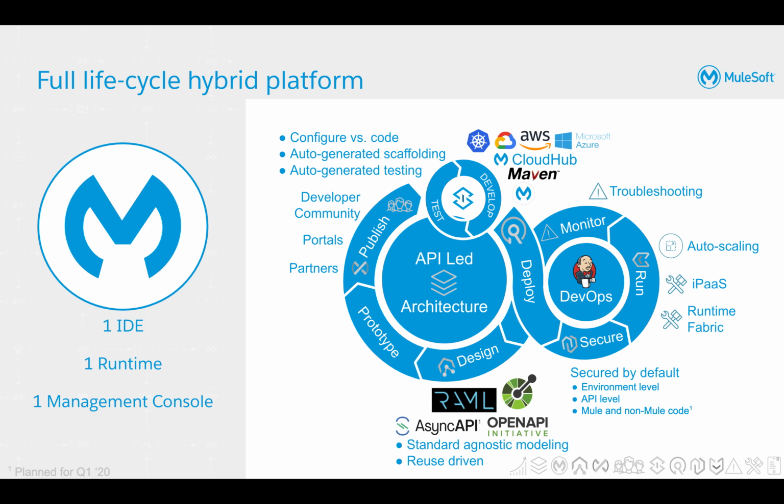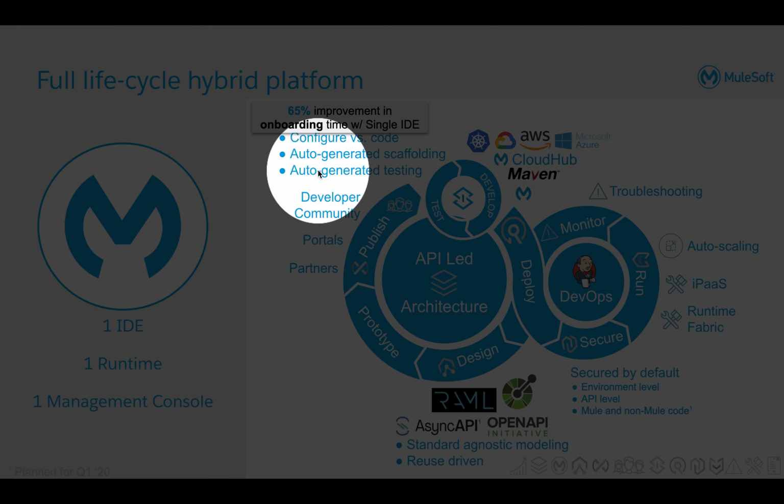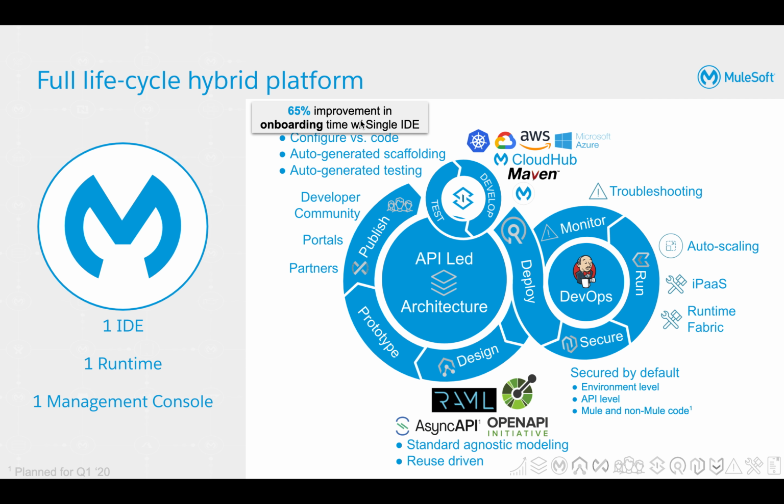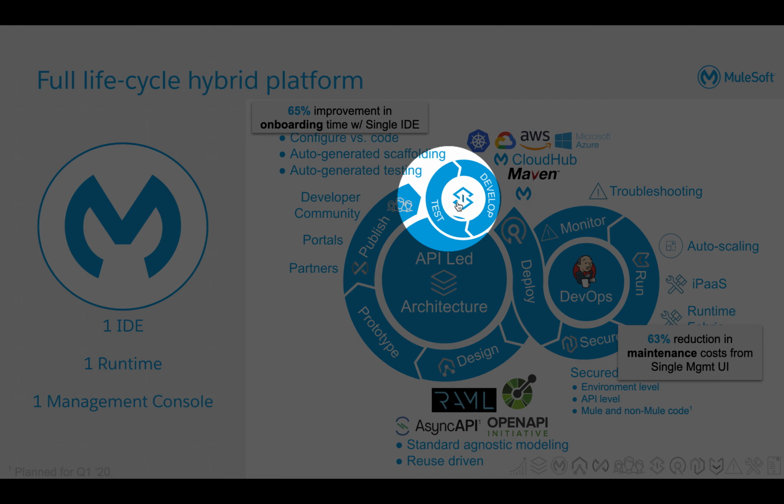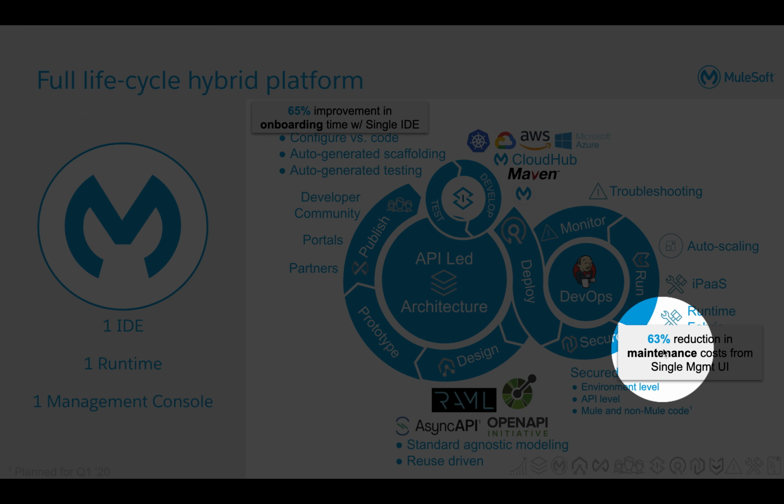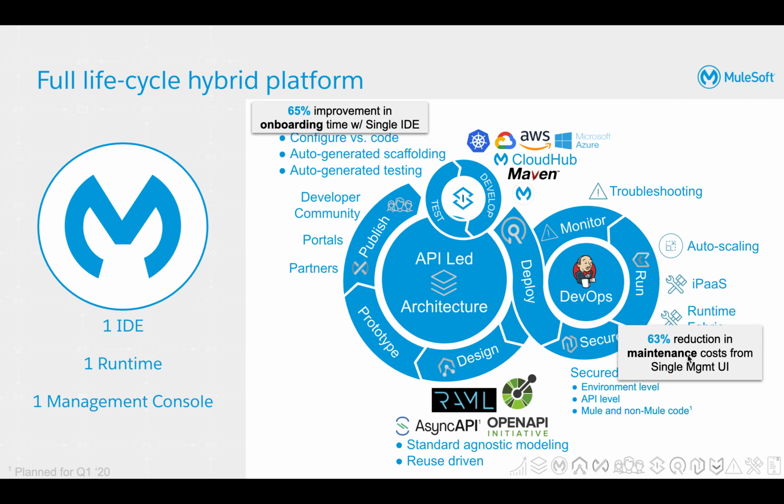And when we tie that into the benefits of the platform, we look at the onboarding process. With the code versus configure, we're able to onboard people 65% quicker than when you look at coders that have to be onboarded. When we think about maintenance cost, that single management UI attributes 63% reduction in maintenance cost through that unified management console that's out there.